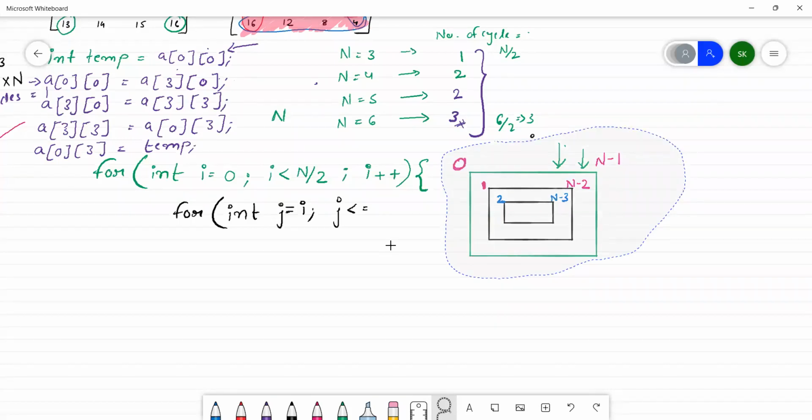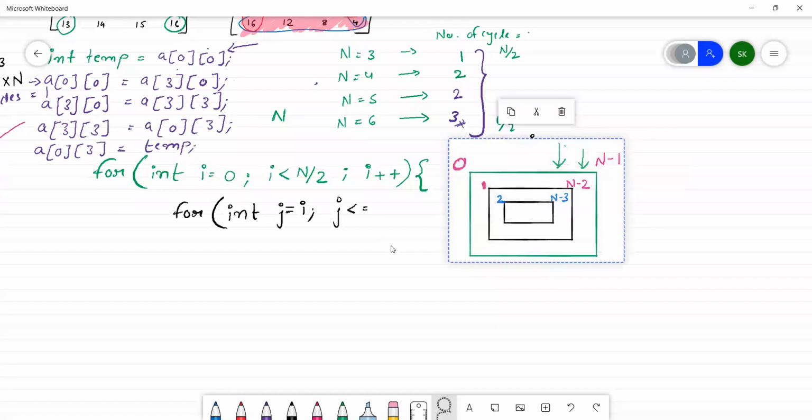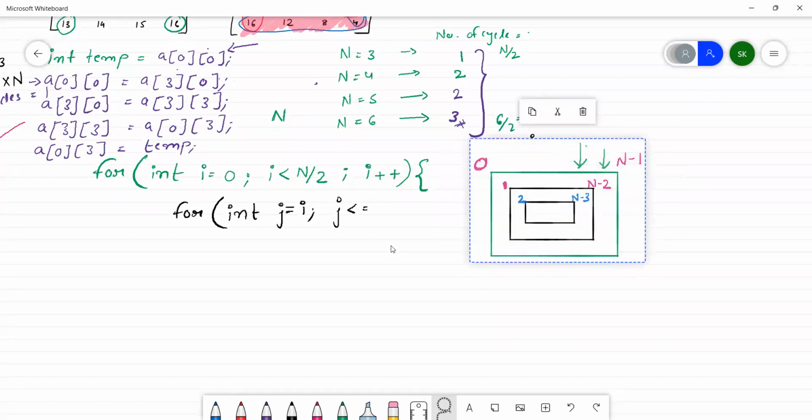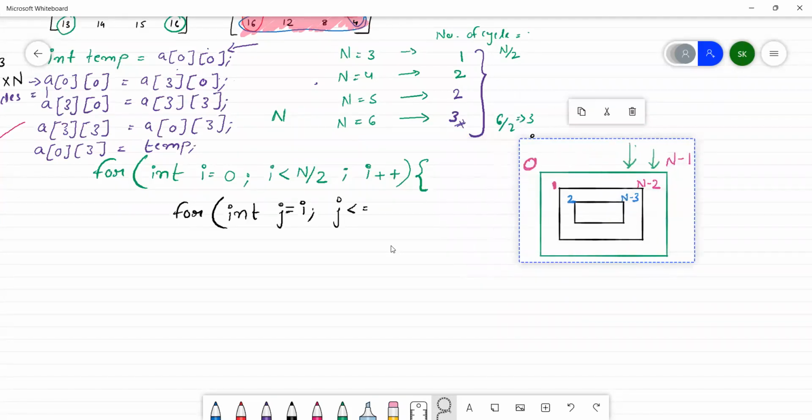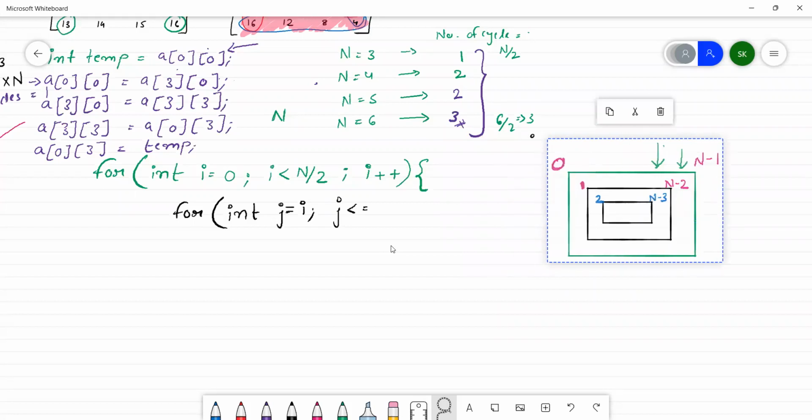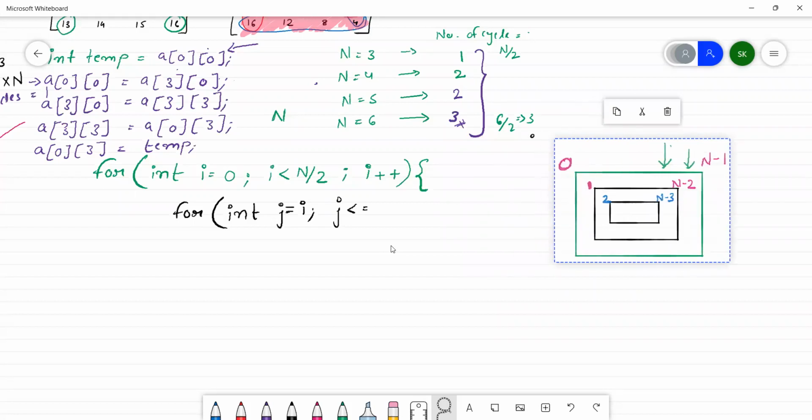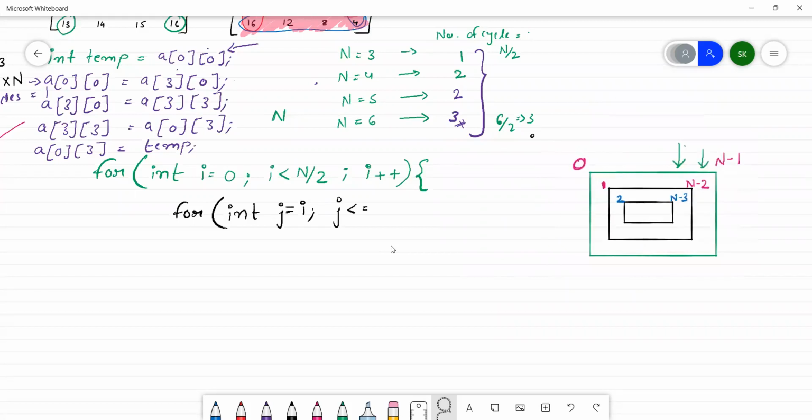Correct. And that's because the entire circle is getting rotated. And that's why the I value is increasing, and from the column side, it is decreasing. So here the limiting condition will be n minus I minus 1. As the row is one by one increasing, accordingly, the column is decreasing.